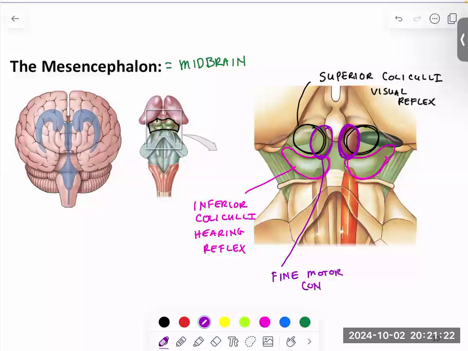It's not the only thing responsible. Okay. So the midbrain does 3 major functions, 3 major centers. There are more, but I'm only holding you responsible for those 3.